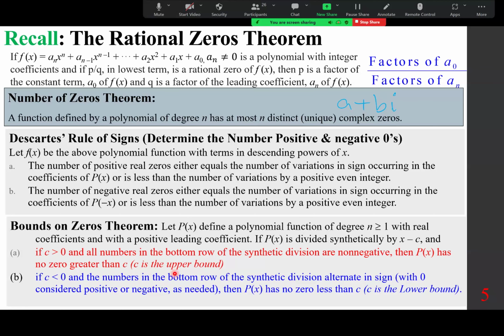C is considered to be the upper bound. If c is less than 0, and the numbers in the bottom row of the synthetic division alternate in sign, with 0 considered positive or negative as needed, then p of x has no zero less than c. C is the lower bound.